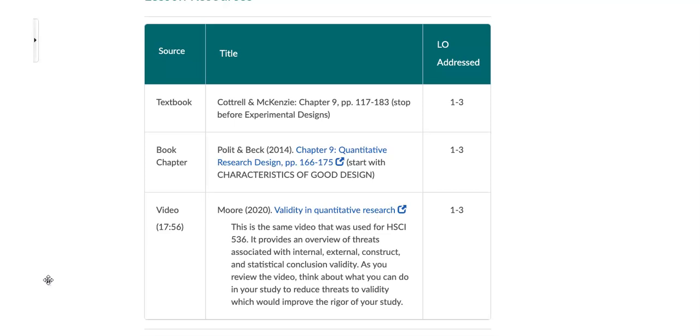And then you've got from Dr. Moore a video and a PowerPoint from last year that talks about threats to validity, and so hopefully it'll be a reminder for you on the different aspects of the different types of validity. And so this week we're going to focus on internal, external, construct, and statistical conclusion validity.